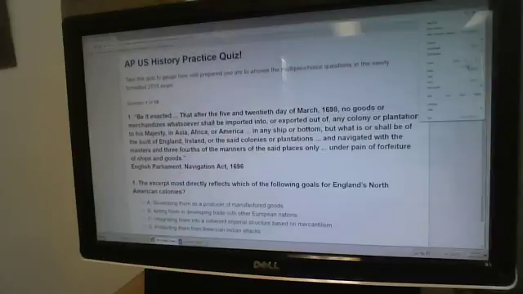Okay, so this is Gilder Lehrman. Let's see how you are in terms of this. Okay. So, can you see that? I can make it bigger. All right.